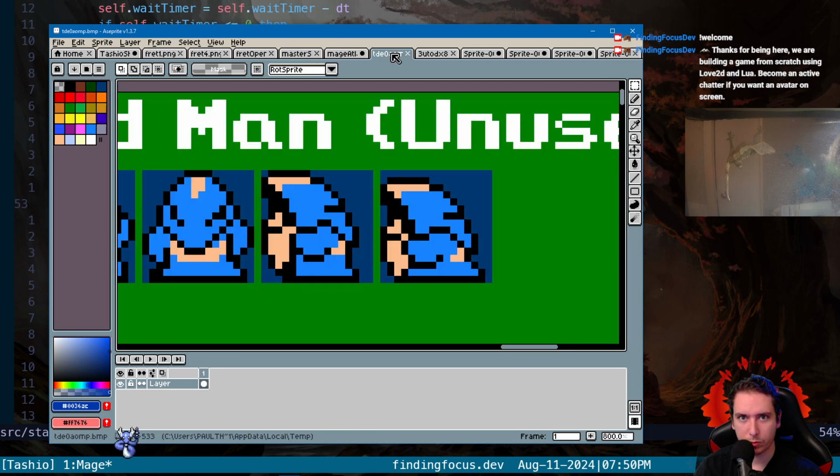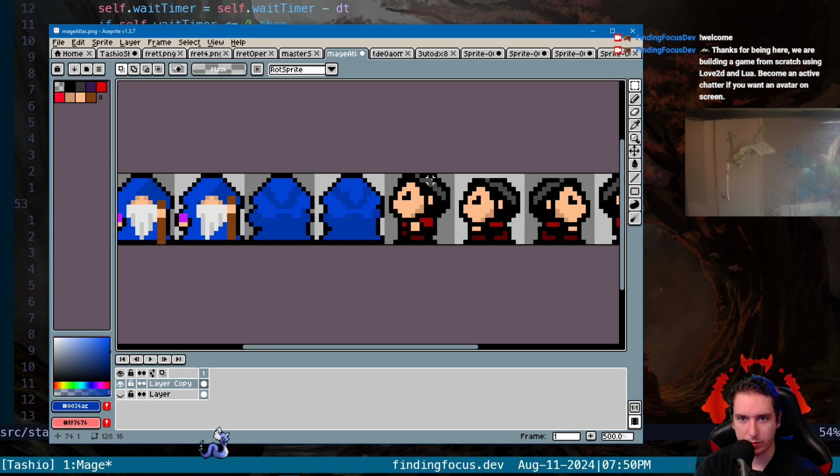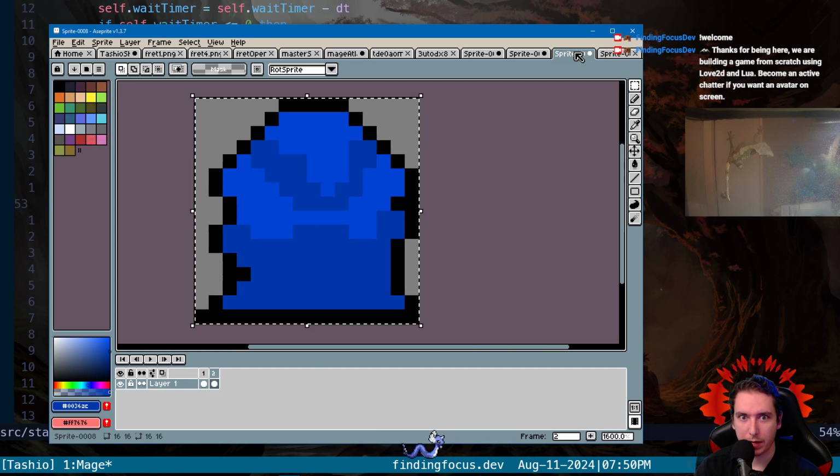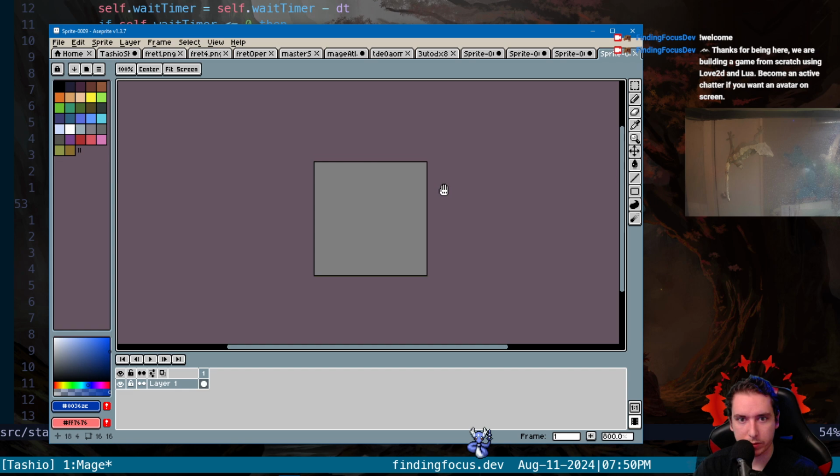Let's see what direction. Facing left is first, so that's our staff hand. So we'll see what our staff hand looks like coming this way. And this is our walking left. So let's get an outline going.